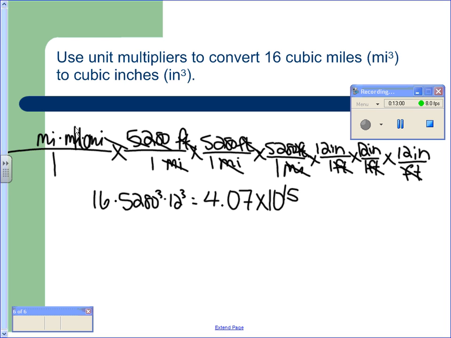Y'all see how that works? Any questions on these? Well, it'll do this. Let me go back to it.